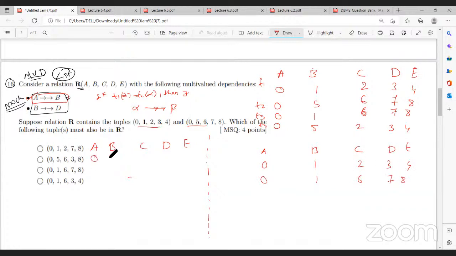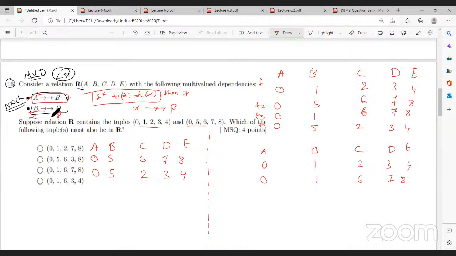So here 0, 5, 6, 7, 8, 0, 5, 2, 3, 4. Okay, so are you getting what I am doing here? I have split this table into two tables, right? Because I have to satisfy this condition, T1 alpha equals T2 alpha, right? In this case, my alpha is B. This is my alpha and this is my beta.